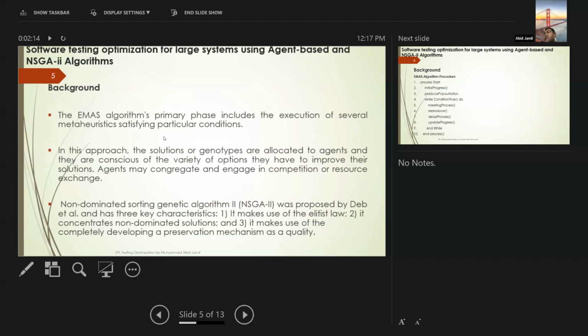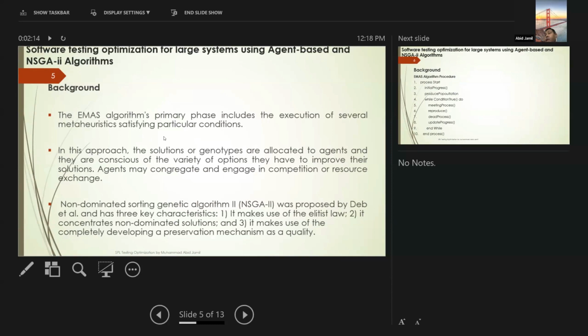In this EMAS approach, the solutions or genotypes are allocated to the agents, and they are conscious of a variety of options. They have to improve their solutions.